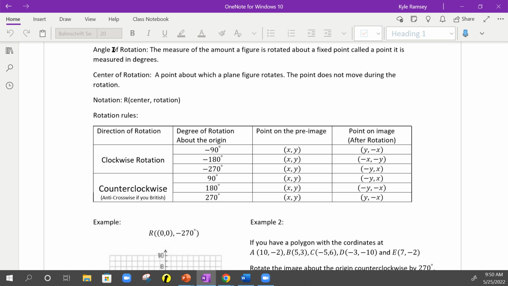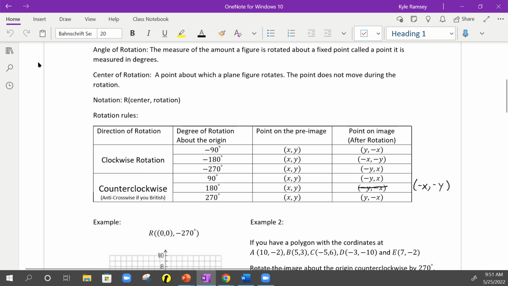I'm in the wrong page, so let me fix that. Give me a second. Okay, here we are. That one right there should read negative x, negative y. It's a simple error that I'll have to fix myself.